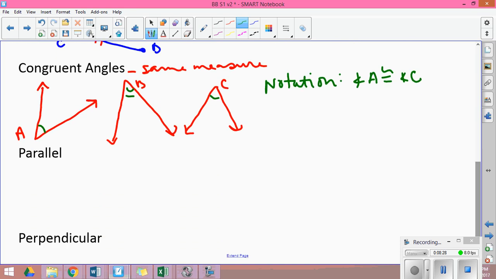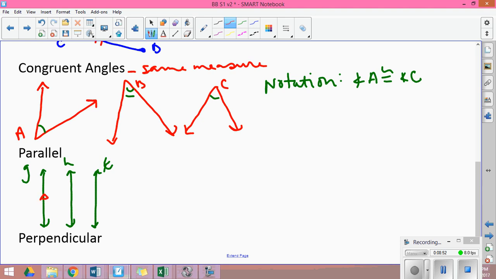Parallel is something that you've probably seen before, 2 lines which do not share a common point. And so if we have our lines here, we never assume anything in geometry. If this was G, H, and K, I don't know if those are parallel or not unless there's information given to me.